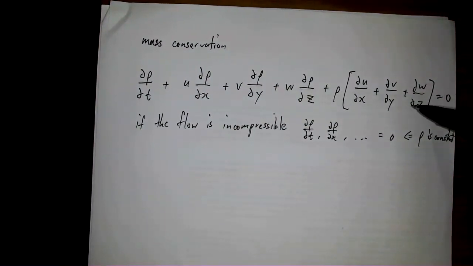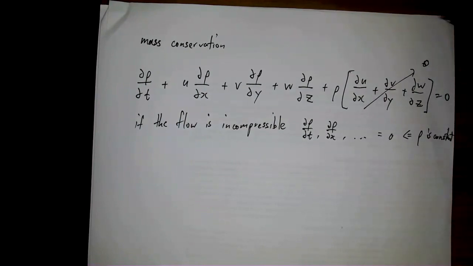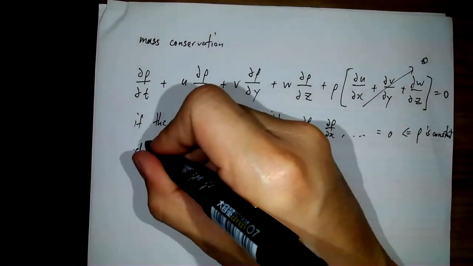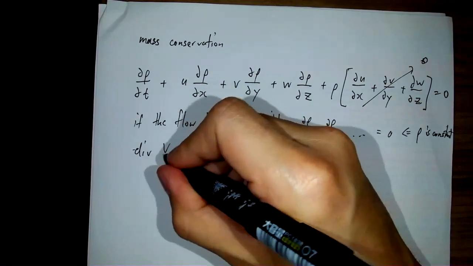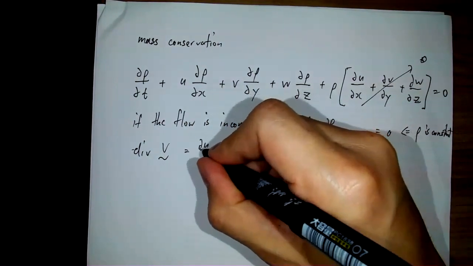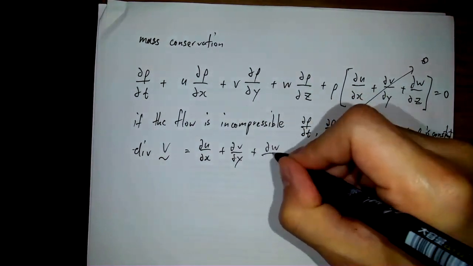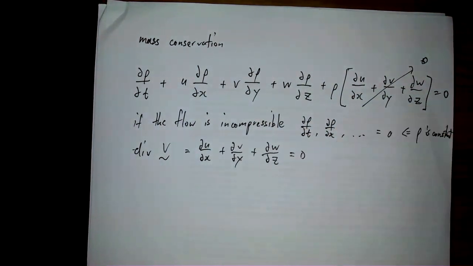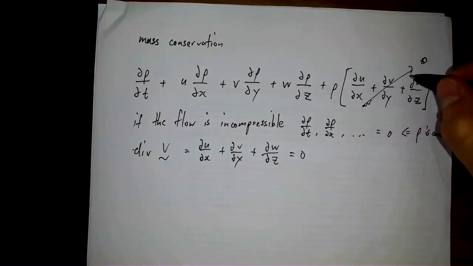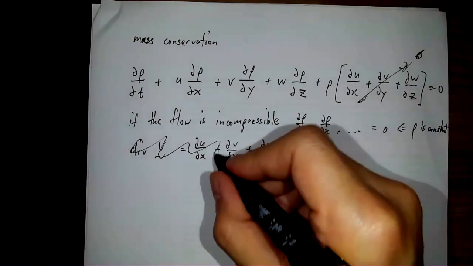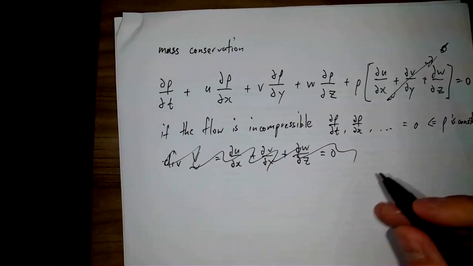So this also goes to 0. That's the divergence of the fluid, meaning du dx plus dv dy plus dw dz equals 0. Sorry, let's not go to this; that's what we want to derive.